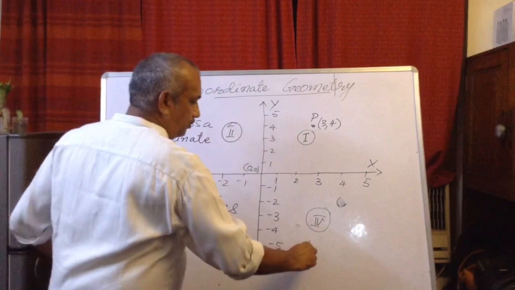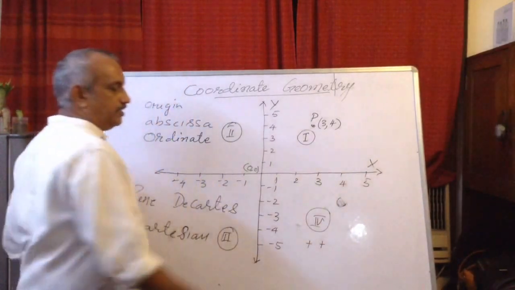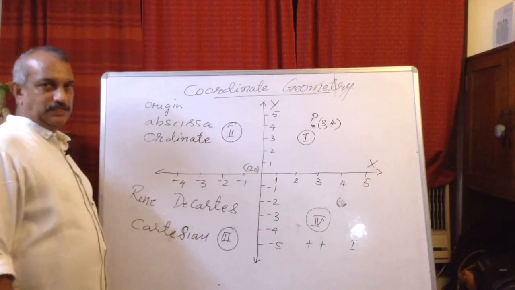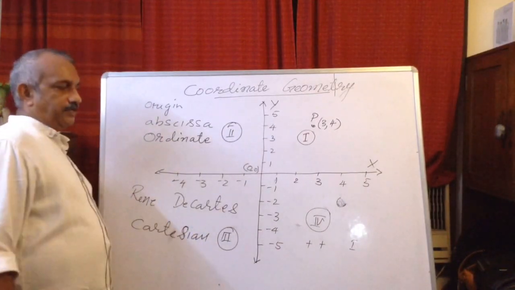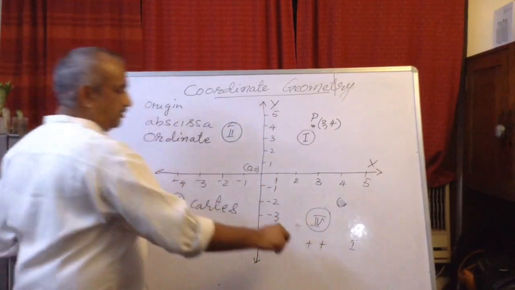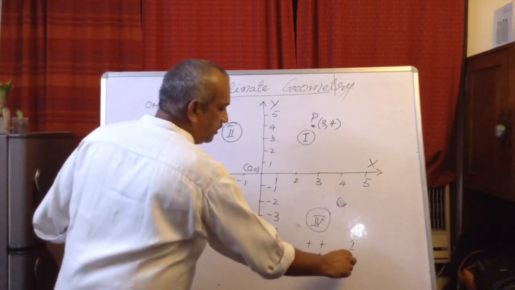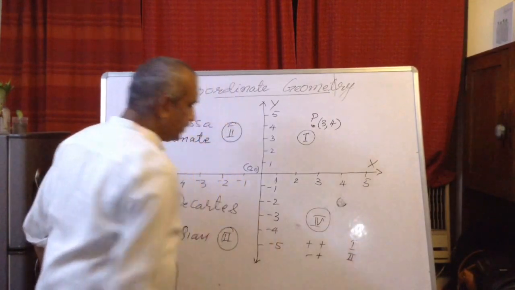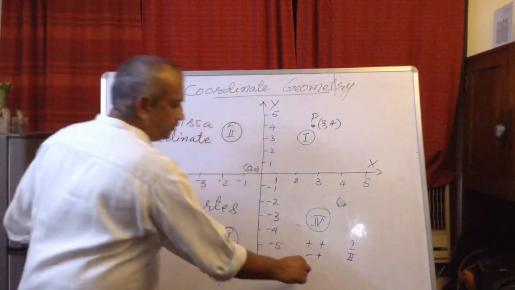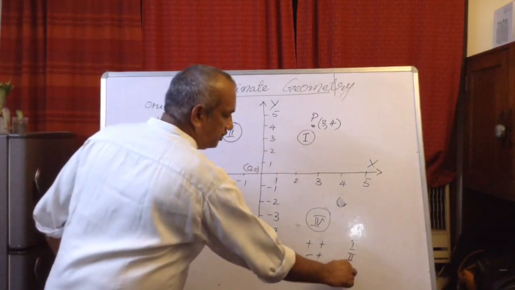If both numbers are positive, it is in the first quadrant. Now x is negative, y is positive. So minus, plus, then it is the second quadrant. Again here minus, and here also minus. So minus, minus, third quadrant.